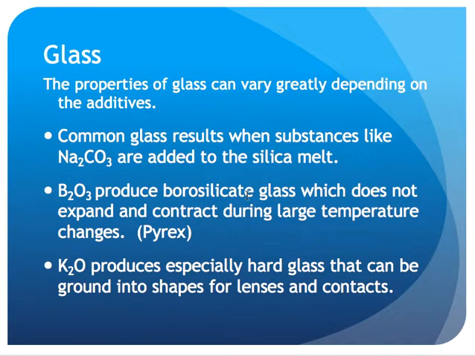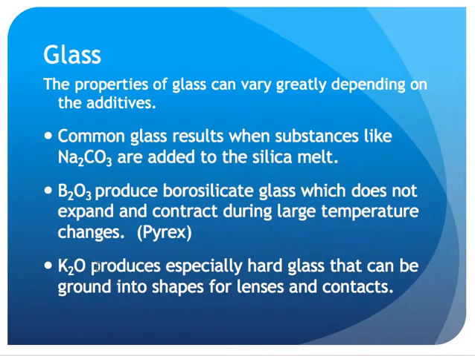Another one is borosilicate glass, and that's when we add some boron with some oxygen. That normally is something that we see in Pyrex or baking dishes. And it really just helps the glass not to expand and contract as much during large temperature changes, that way we don't break the Pyrex when we stick it in the oven and pull it back out.